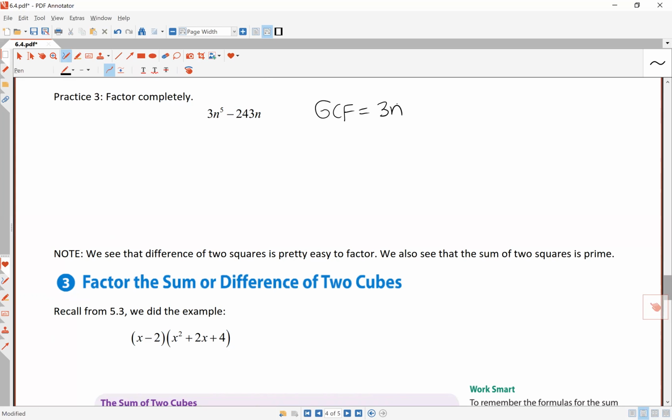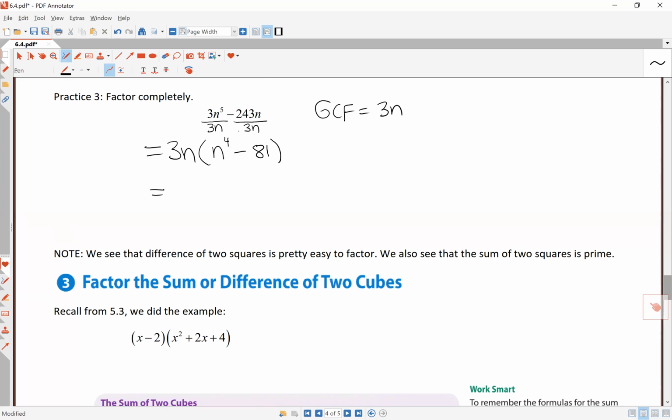Now that you've had a chance to work this out, I'll work this out with you. We factor out a 3n from both of the terms. Dividing the first one by 3n, we're left with an n to the 4th. Dividing the second one by 3n, we're left with 81.